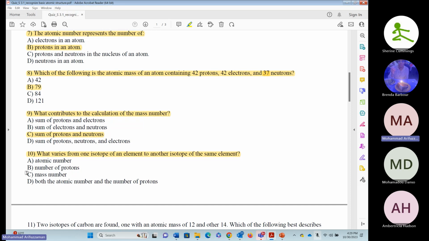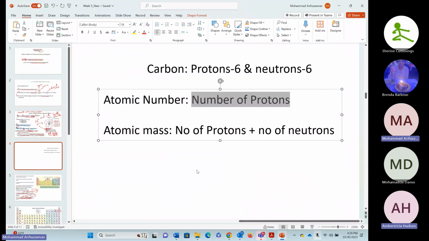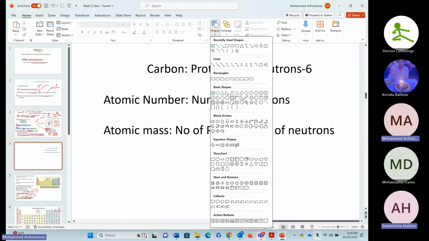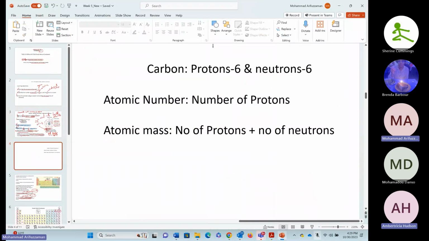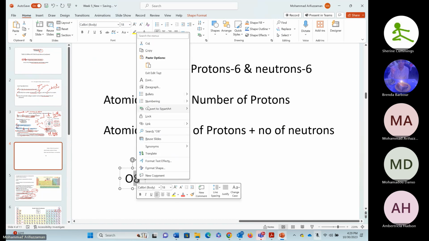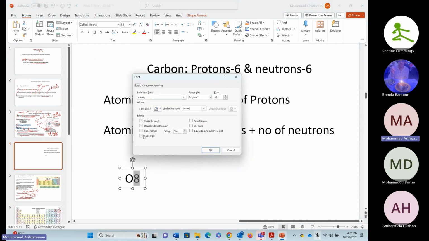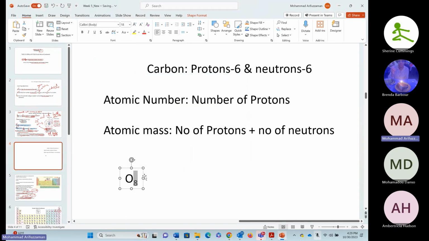Yes, correct, the mass number. I gave an example here, oxygen, O with 8. This 8 represents the number of protons, written as a subscript.